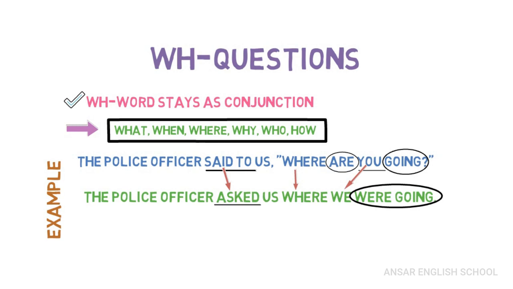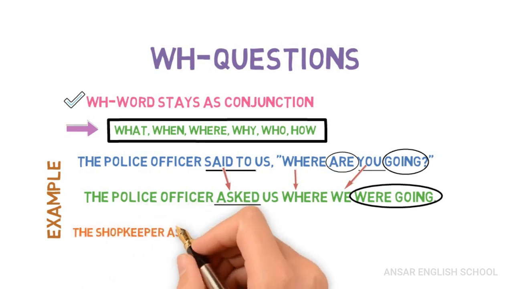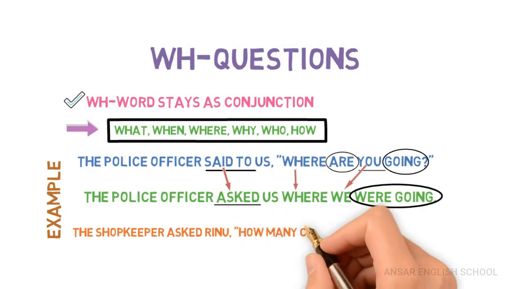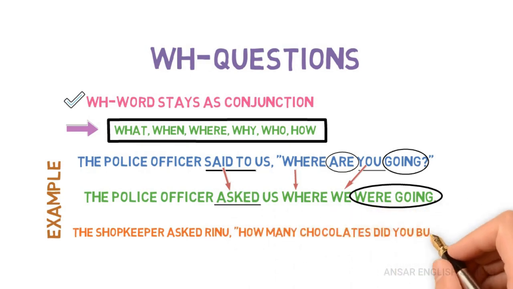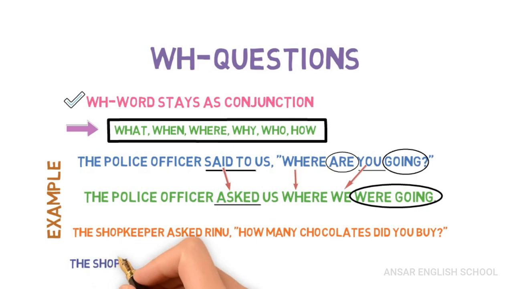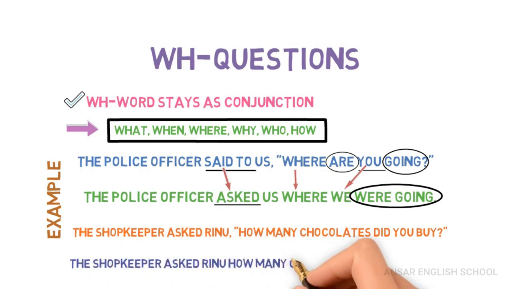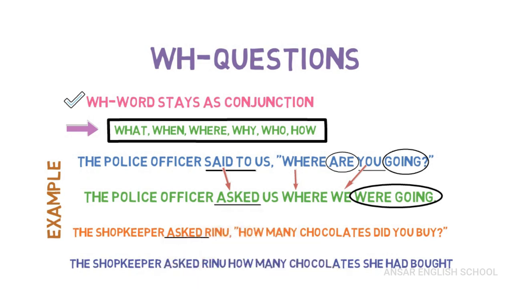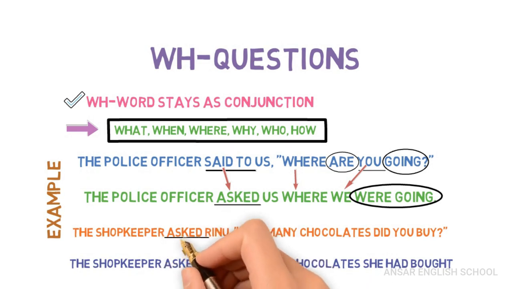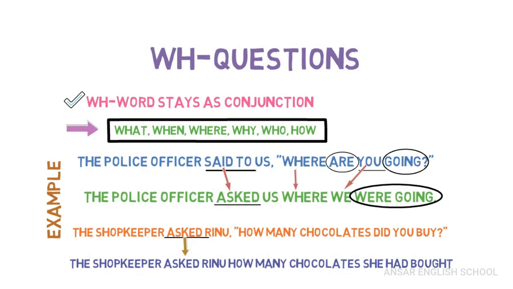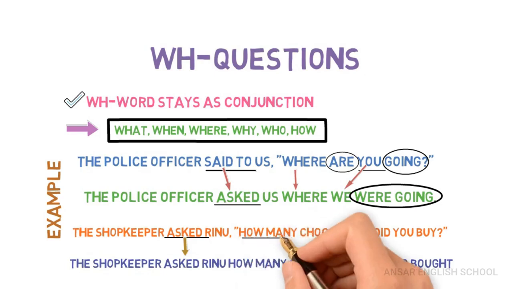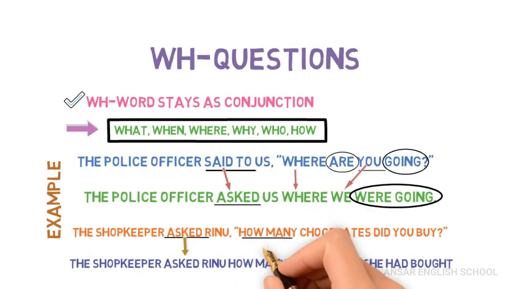Another example, shopkeeper asked Renu, "How many chocolates did you buy?" So it becomes: the shopkeeper asked Renu how many chocolates she had bought. So asked is the reporting verb given in direct speech, it remains the same. And how many is the question word, that also remains the same as the conjunction.